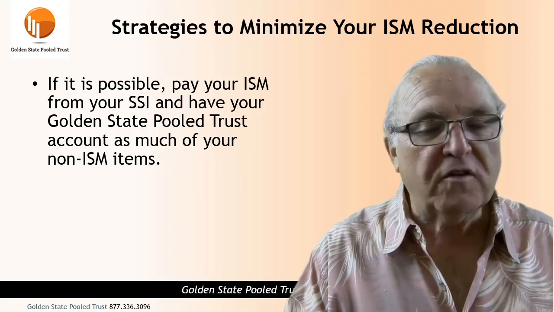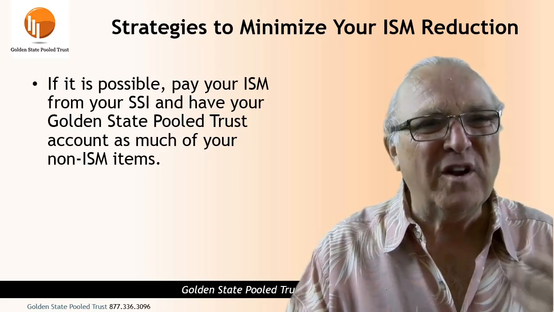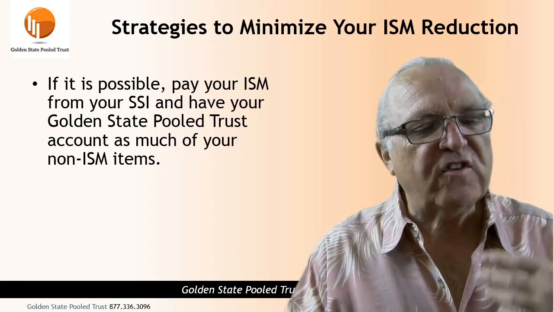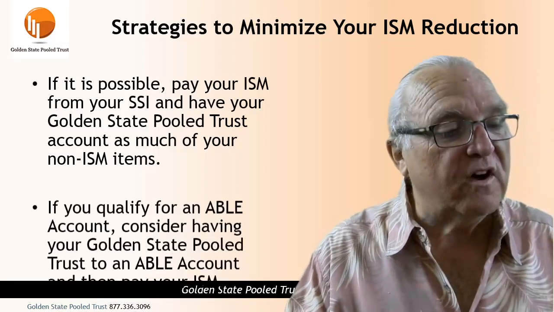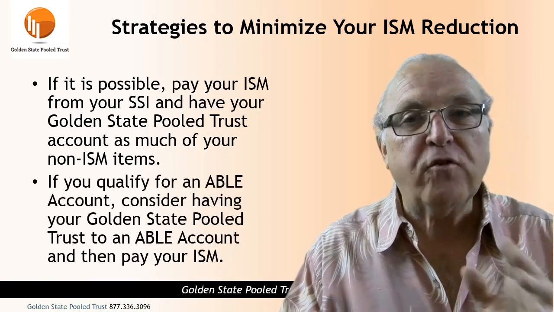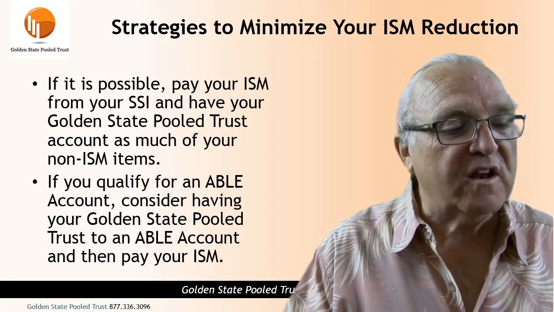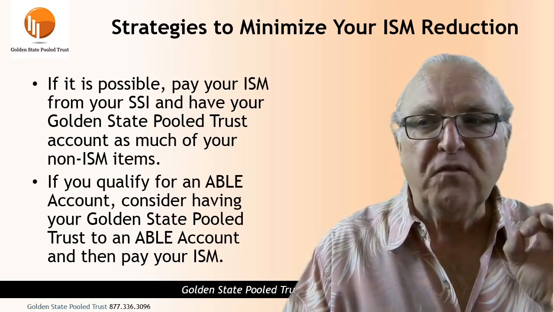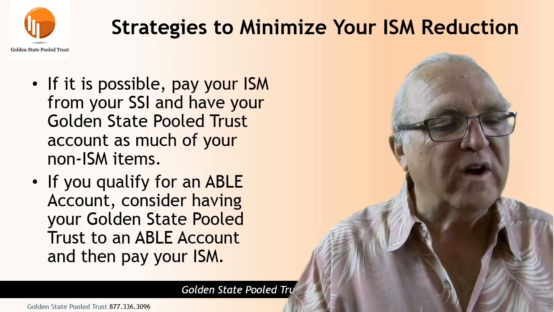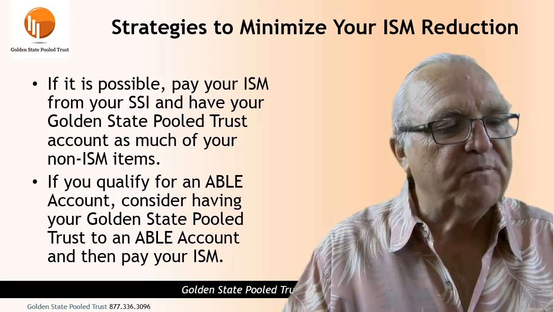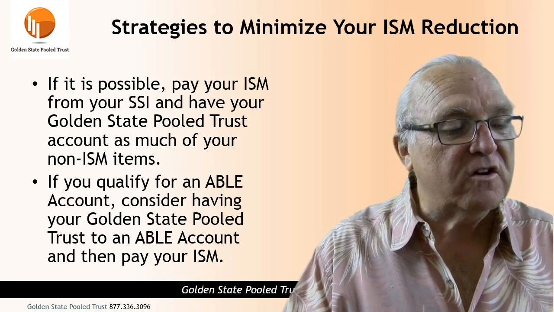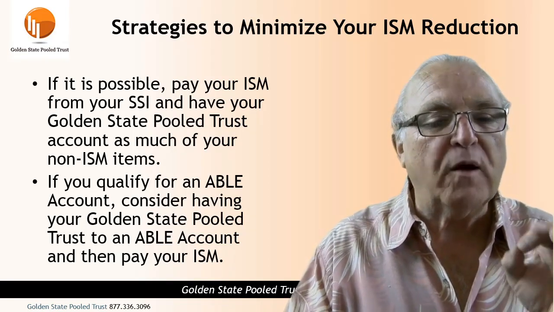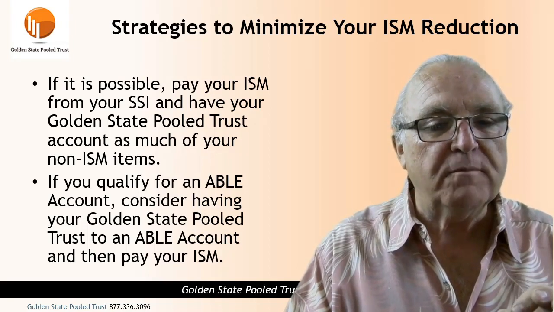But if we're looking at doing the maximum amount, ideally we want the person with the disability on SSI to pay for this out of their own SSI without a reduction. If you qualify for an ABLE account, which is the last thing we're going to consider, and part of that means you would have to be disabled before the age of 26, you might want to consider using an ABLE account to pay for the ISM issues as well, and that will be the last thing we'll cover today.